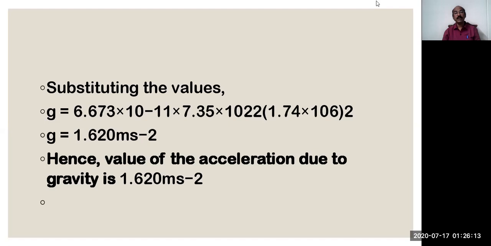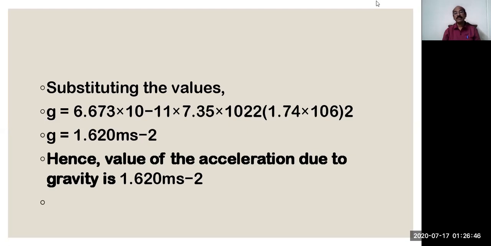If the body does not cover equal displacements in equal intervals of time, then the body is said to be moving with non-uniform velocity. If a body moves with uniform velocity, there is no change in velocity. It does not possess any acceleration. Its acceleration is said to be 0.